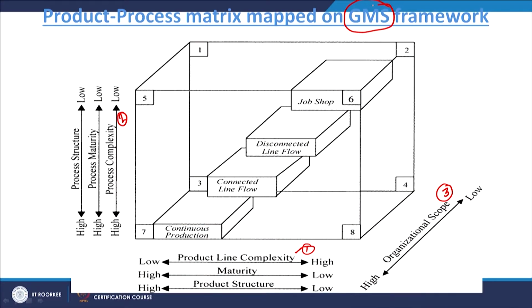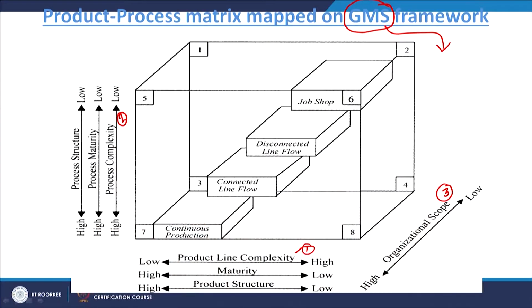One, we will be elaborating in detail about this three-dimensional view of our process choices, and with the help of this view we will develop some more generic manufacturing strategies, because as we discussed in our previous session, each corner of this shape, points 1, 2, 3, 4, 5, 6, 7, 8, is going to help us in understanding different types of generic manufacturing strategies.